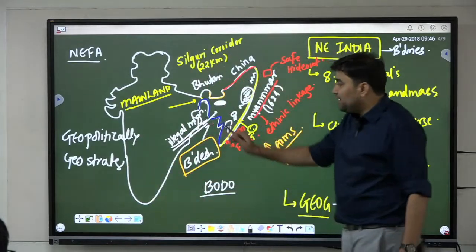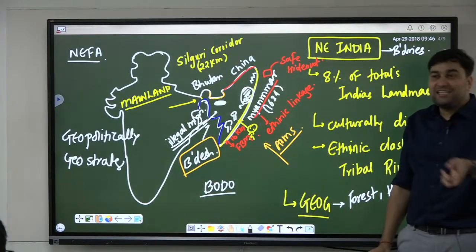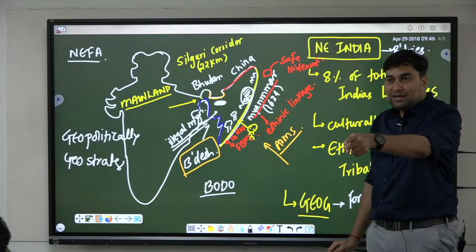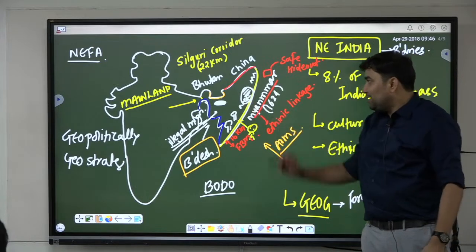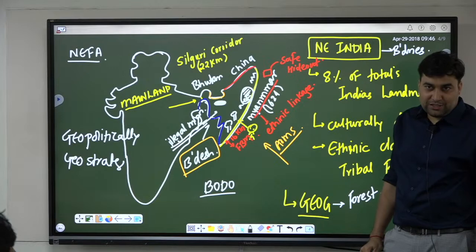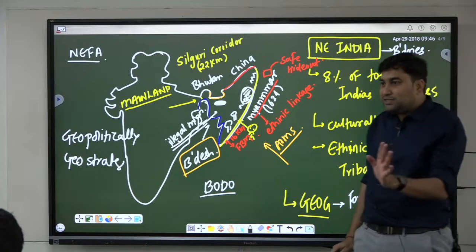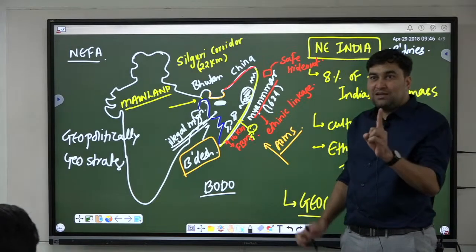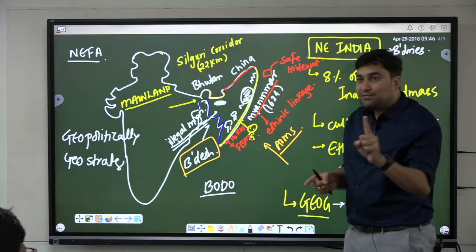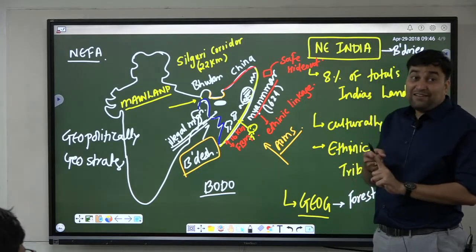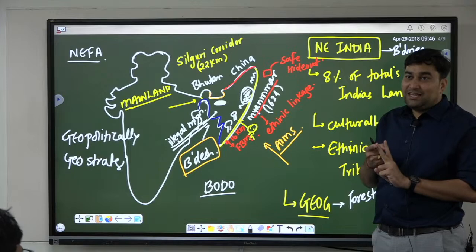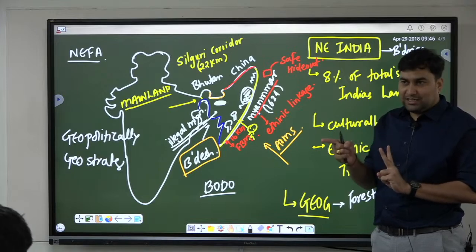So in Northeast India, one of the main reasons is illegal immigration, and change in the demography and associated issues is one of the reasons for the insurgency in Northeast India. Getting the idea? So Northeast India, why is there insurgency? First, it's an ancient region, that is, ancient tribal rivalries, that is ethnic and communal clashes since ancient times.